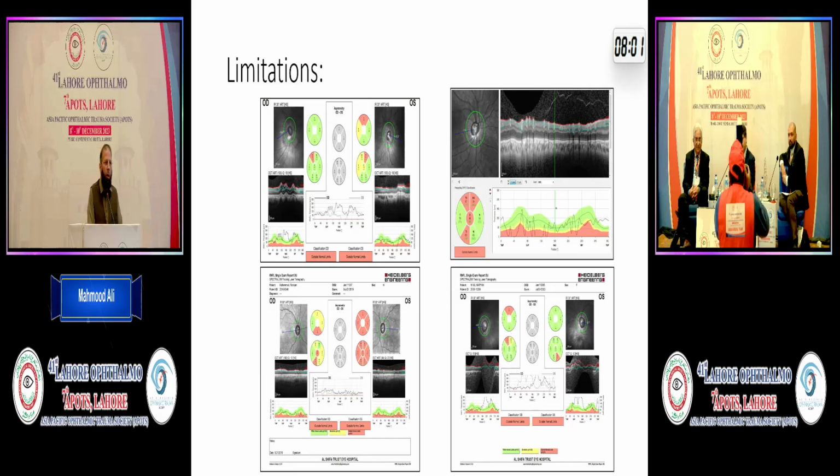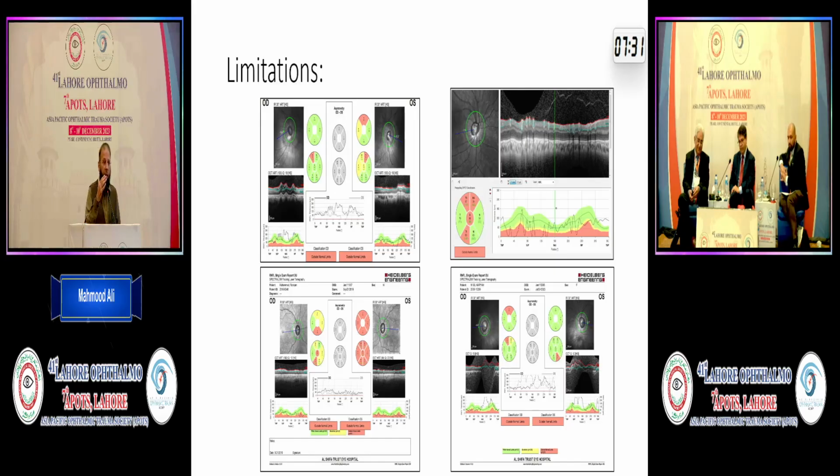But as I already mentioned, every investigation has some limitations. The same is true for OCT, RNFL, and ganglion cell complex, and there are some conditions in which this diagnostic tool does not give us valuable information. Some of the examples are shown here: a patient with myopia and tilted disc, then again a high myopic patient.